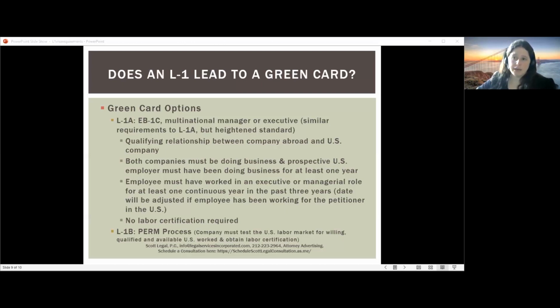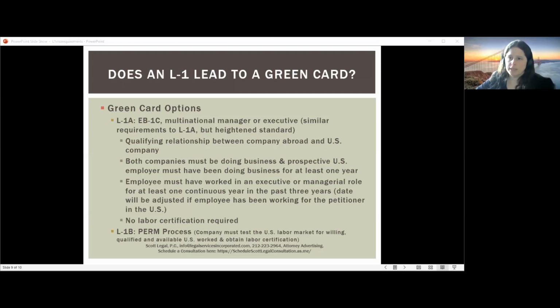Even if you got an L1A approved, it's not necessarily going to qualify for an EB1C. Generally, you do want the company to have a significant amount of personnel, a developed operation, to help support the argument that you qualify as a multinational manager or executive.